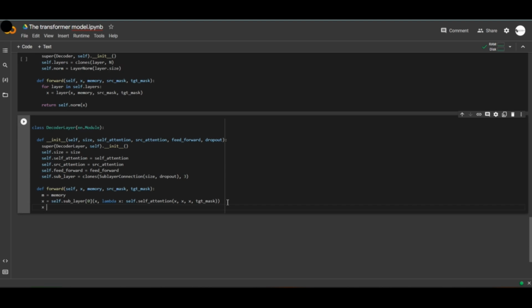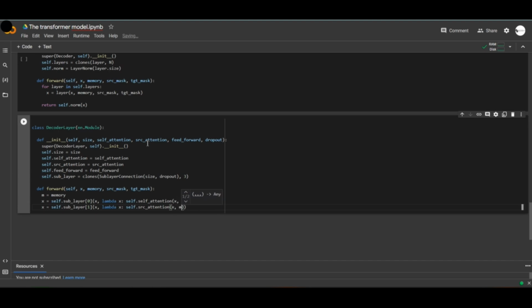Anyway, we have the second sublayer, which is going to be self.sublayer 1. What do we have on the second sublayer? We have another attention, because we have to insert the input from the memory of the encoder. Taking the X, I'm expecting us to take self.source_attention, which is the attention coming from the encoder.